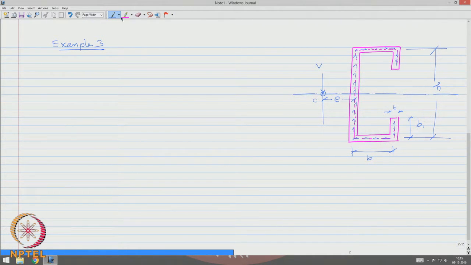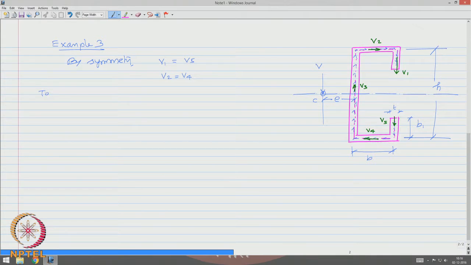So, let us call this as V 5, let us call this as V 1, V 2, V 3, V 4 and so by symmetry we know that V 1 is V 5 and V 2 is V 4.